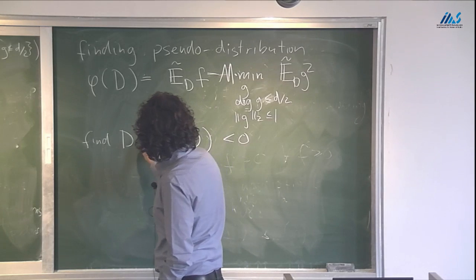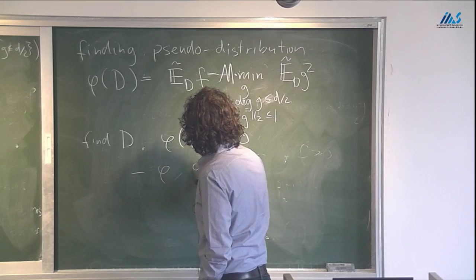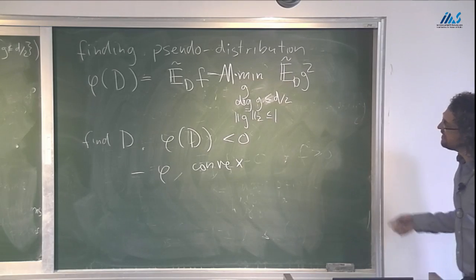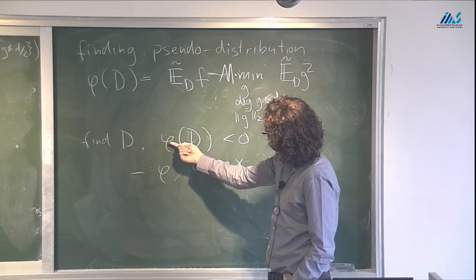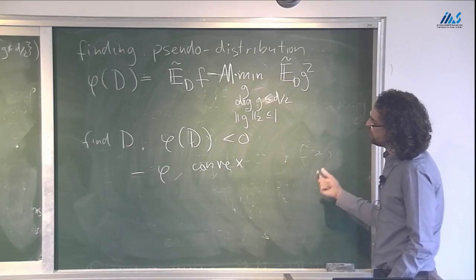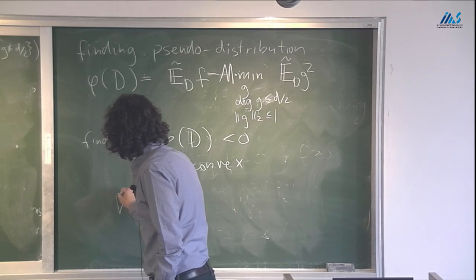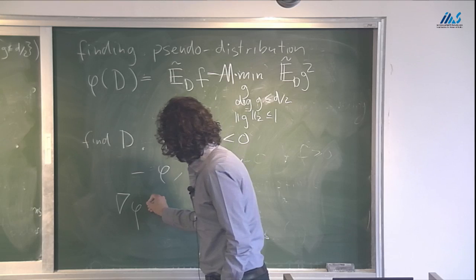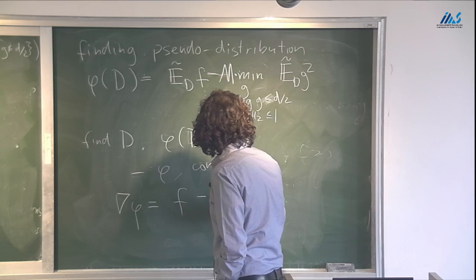You can also check that this phi is convex, and so the only thing you have to do is minimize this function phi. You only have to be able to compute the gradient. So what's the gradient of this function phi?